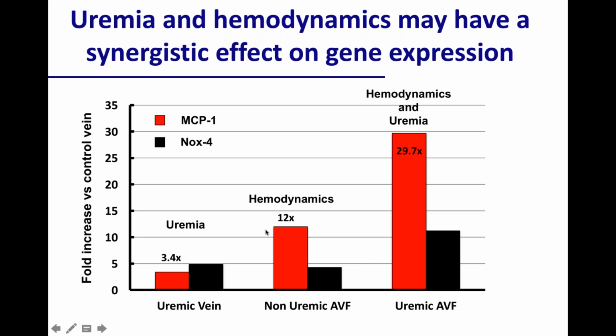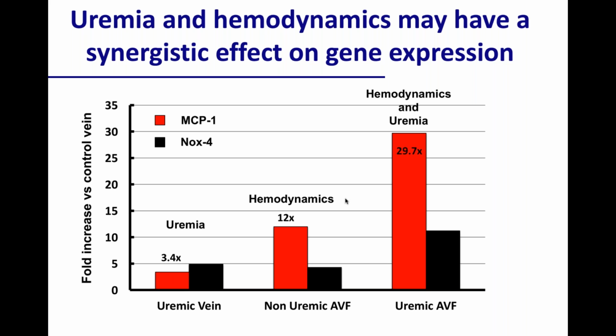Now, if you take another mouse and you create an arteriovenous fistula and you look at the gene expression of MCP1 after 2 weeks in the venous segment of the fistula, you get a 12-fold increase in MCP1 gene expression. And we believe, of course, that this increase is as a result of hemodynamics, because these mice are now not uremic.